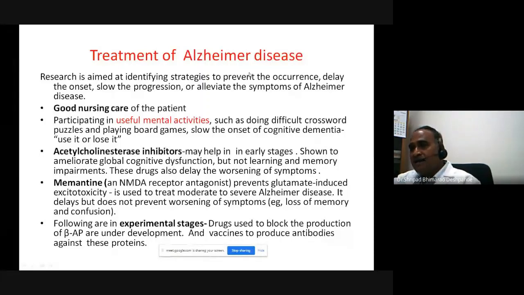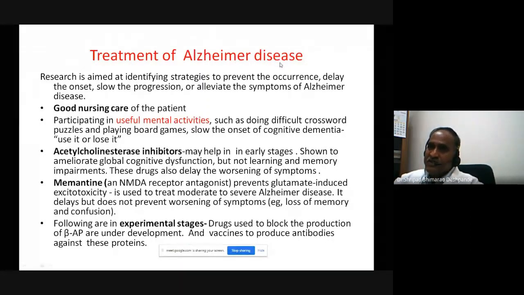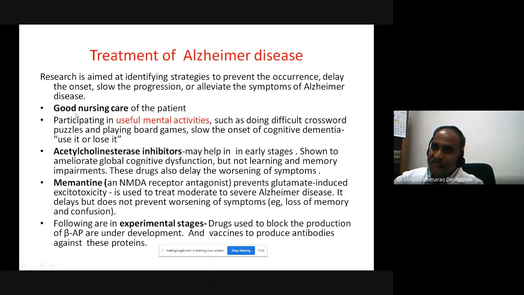Now, just to give you an idea how Alzheimer's disease could be treated: the only treatment is to see that the disease doesn't advance fast. There is a slow progression, and you help them with whatever symptoms they are having. That means you require good nursing care. You have to take care of this patient because they are forgetful. They don't remember anything.